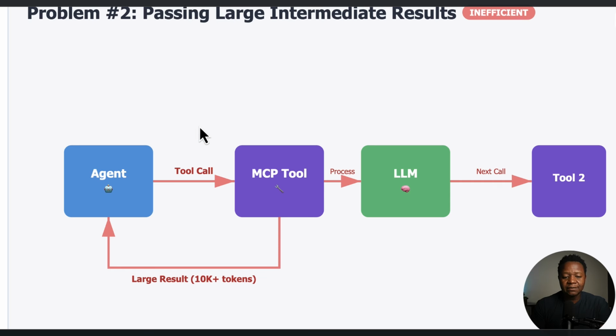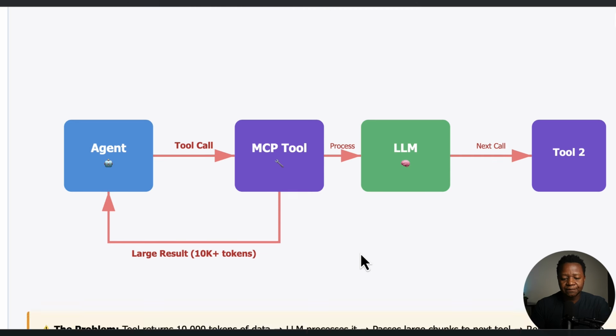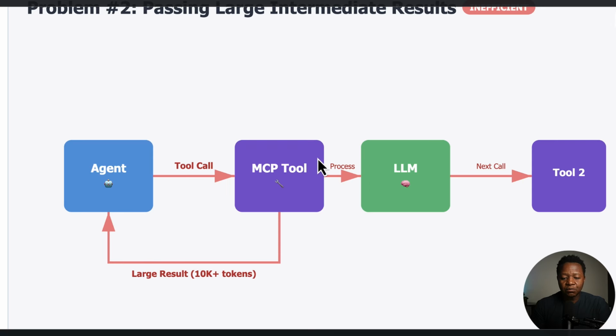And then the agent keeps calling to the next process. The large language model is going to process all that information, including the 10,000 tokens of information, to the next call. So now we have another tool call, which will have that 10,000 tokens included, and then the cycle repeats itself. So now 10,000 plus 10,000, you can see that there are a lot of tokens being passed around that are really not necessary.